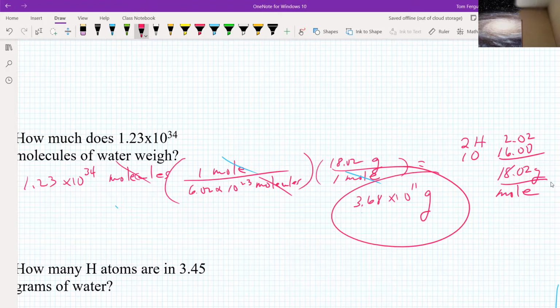So that's a big number. So that's a lot of water.